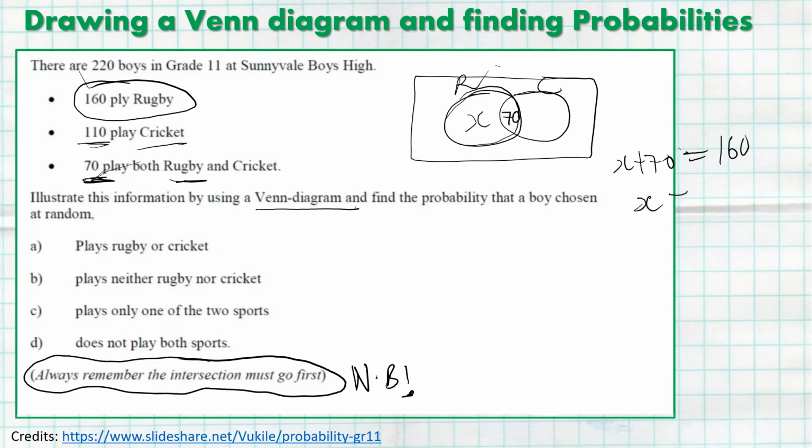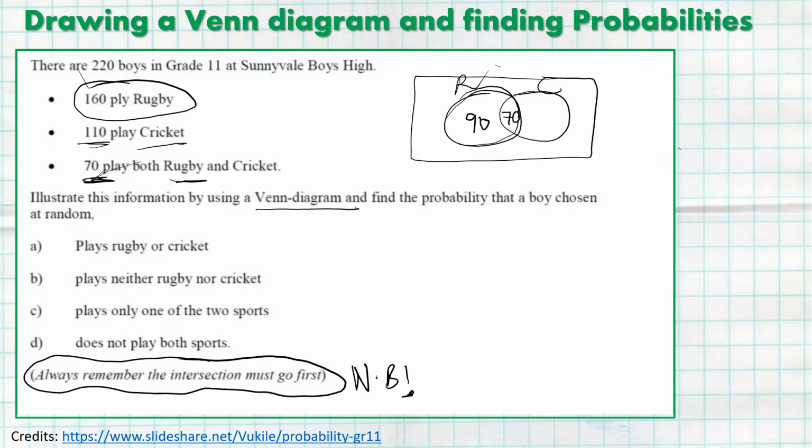Then I can solve for rugby only: 160 minus 70, which is 90. So there we put 90. Very interesting: when you add 90 plus 70, the whole thing for rugby must still give you 160, because 160 must be for rugby. So that's basically how you do that.